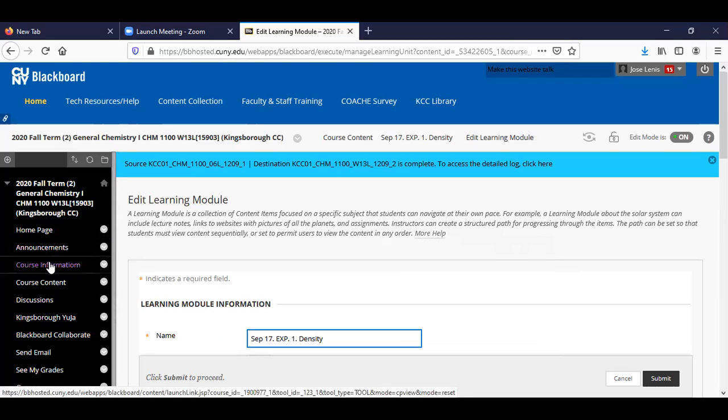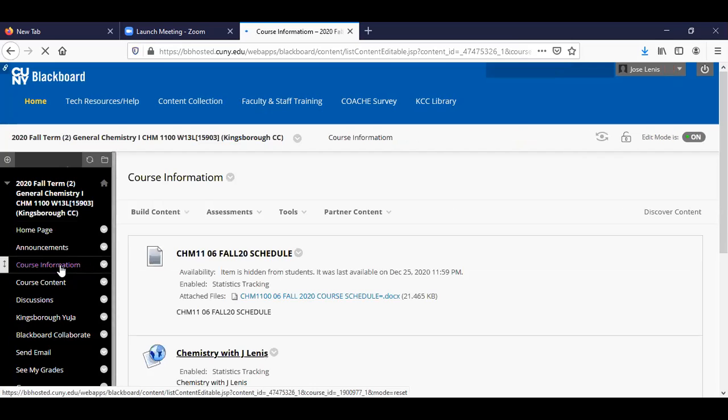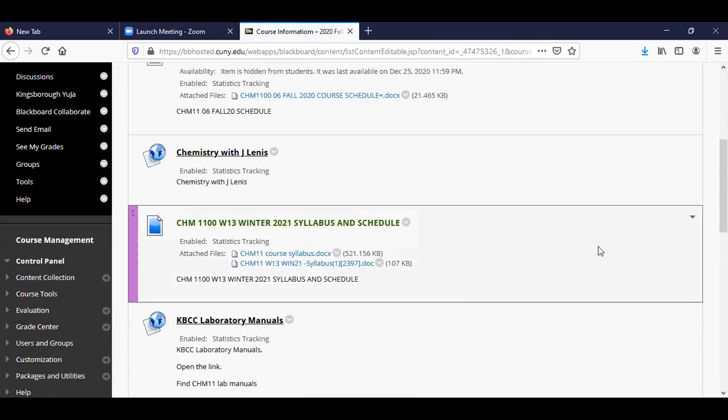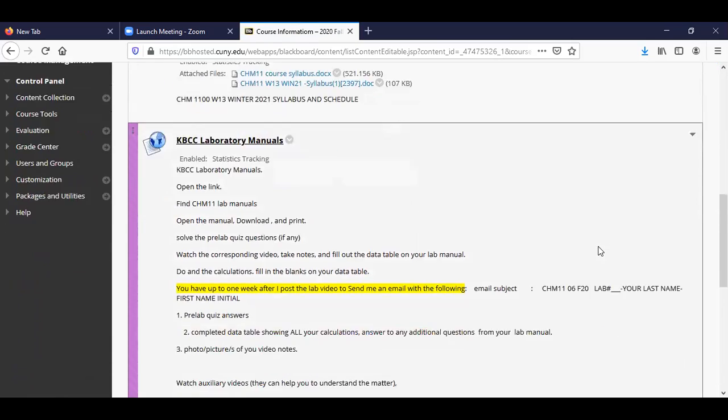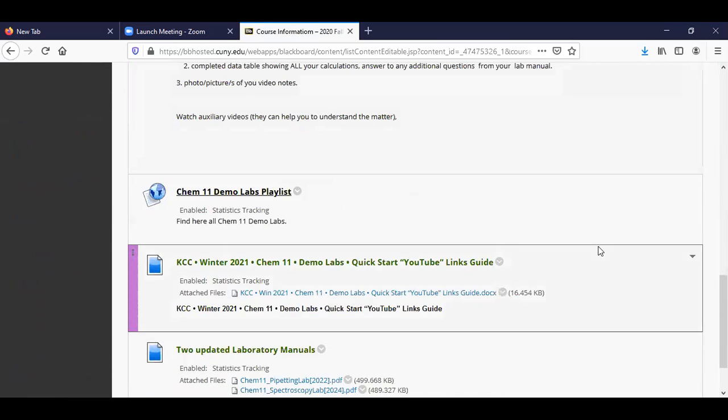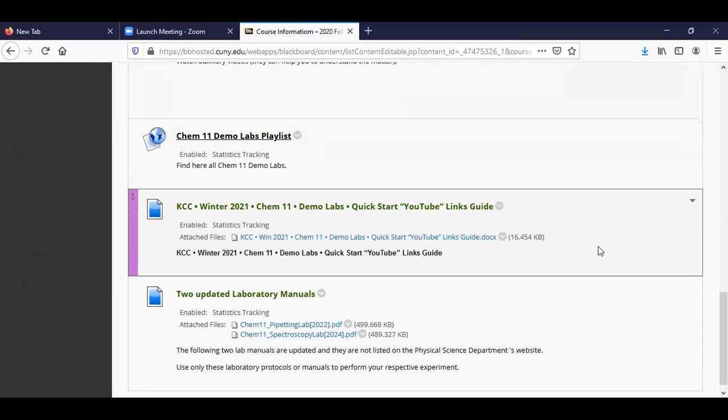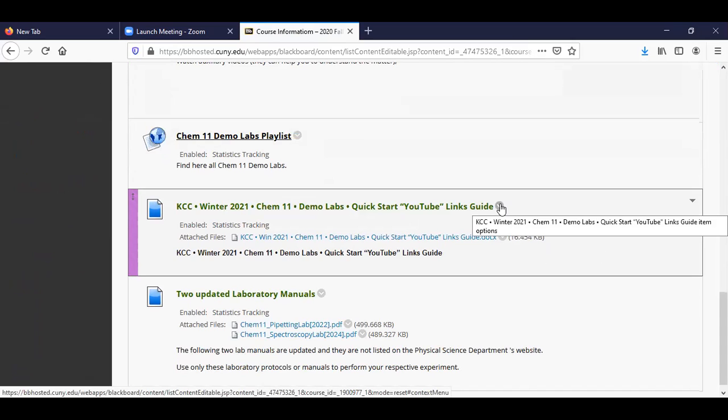All right, so let me go back to course information. And then I'm going to open this link. It says Winter 2021 Chem 11 Demo Labs Quick Start.